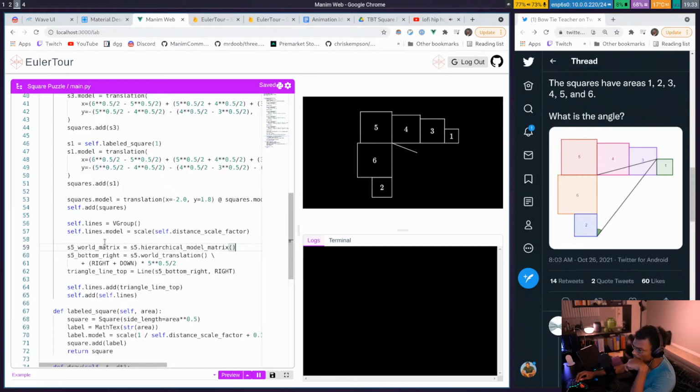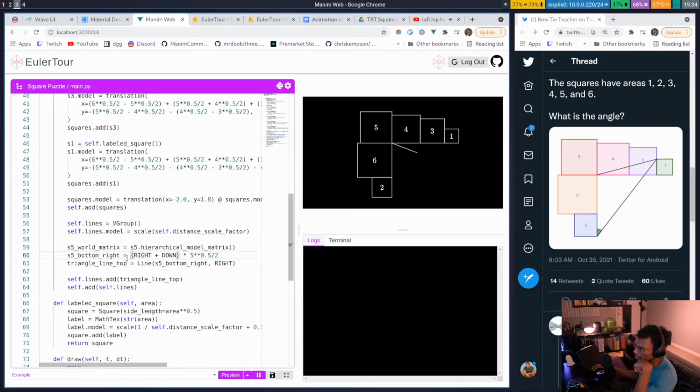Then what I want to do is S5 bottom right will be this vector moved into world space, moved from S5's model space into world space.